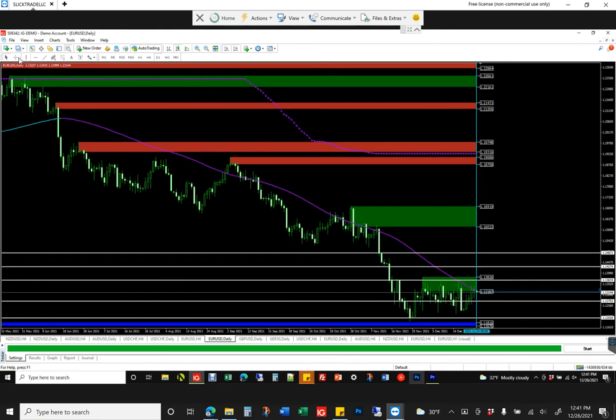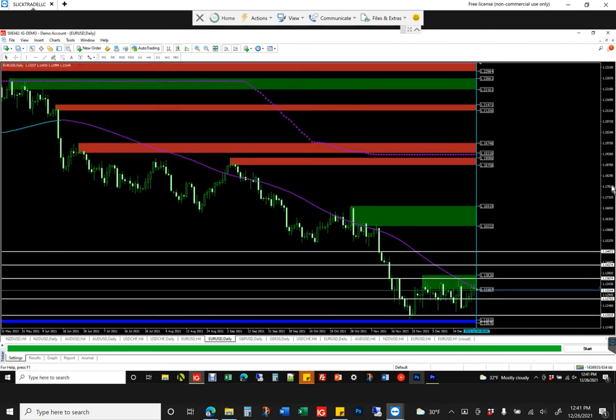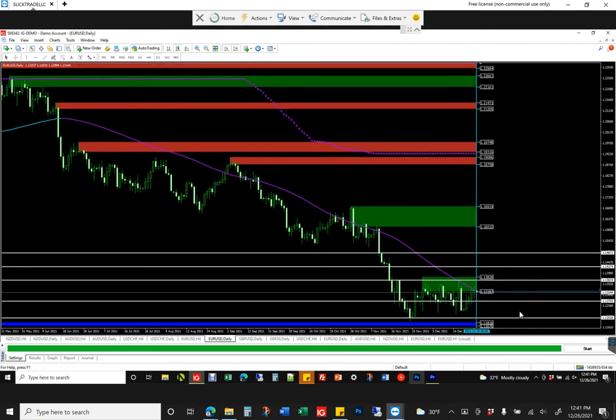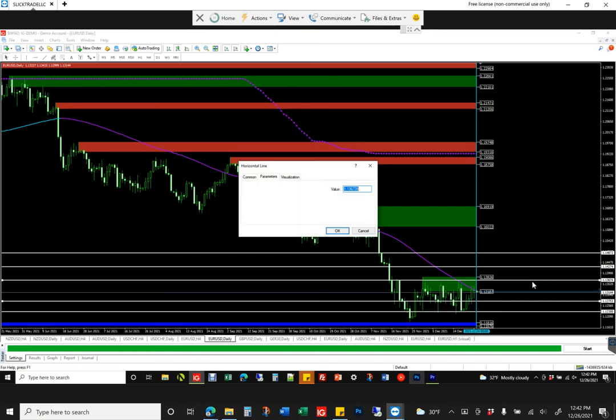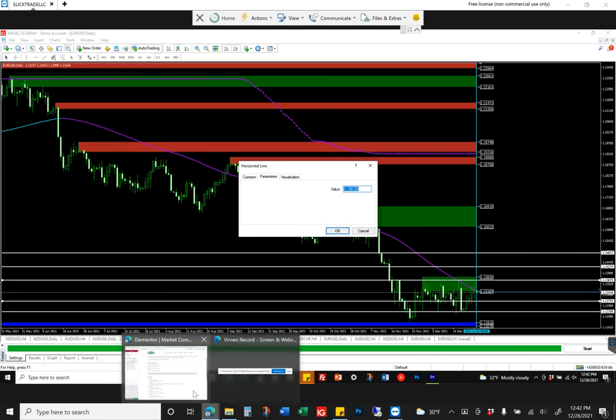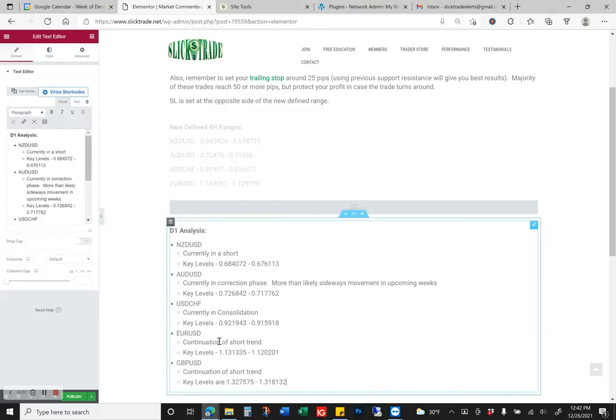Let me zoom in too so you guys can see this a little better. At an 82 pip range, it's a little clearer. Bring this up as our take profit 1 here. Upper portion, key levels.